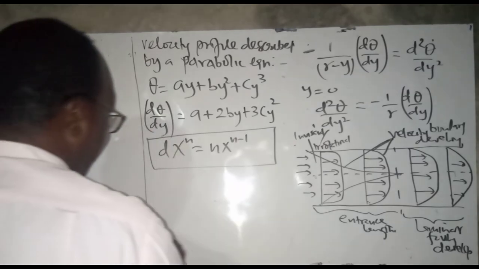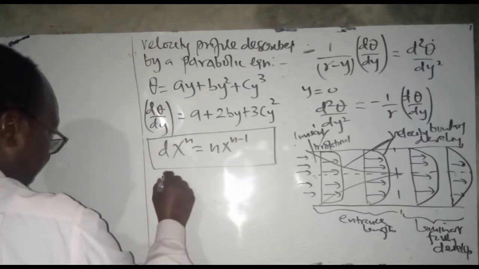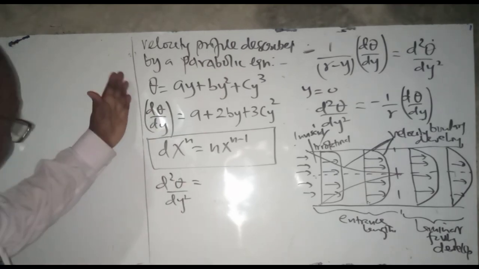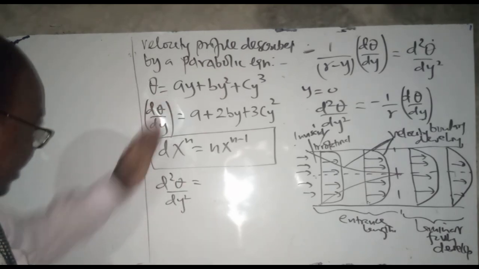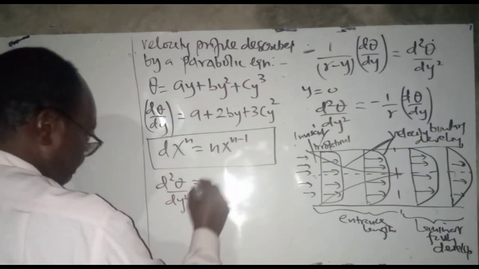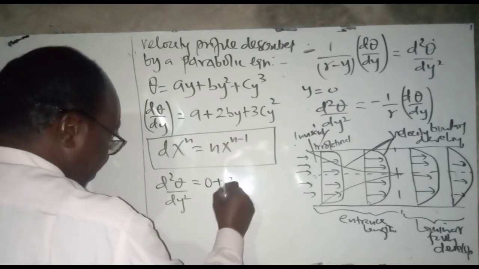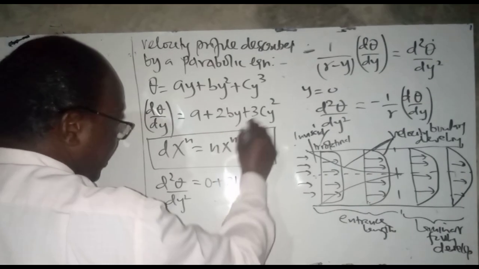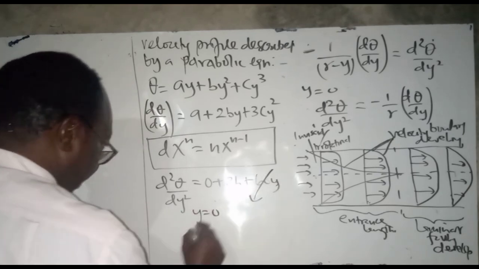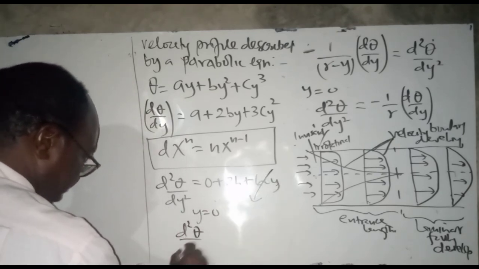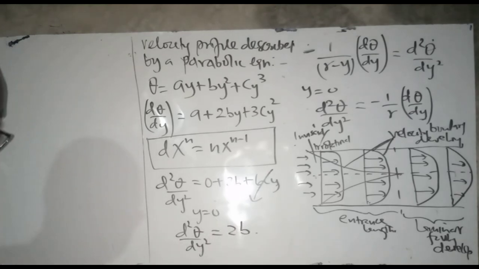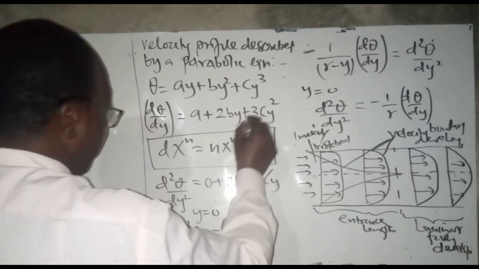If you take the second derivative, d2 theta by dy squared, that is the derivative with respect to y of d theta dy. Of course, a has no y, so it will be 0, plus 2b plus 6cy. And when y is equal to 0, that term will vanish, so that d2 theta dy squared will be 2b.